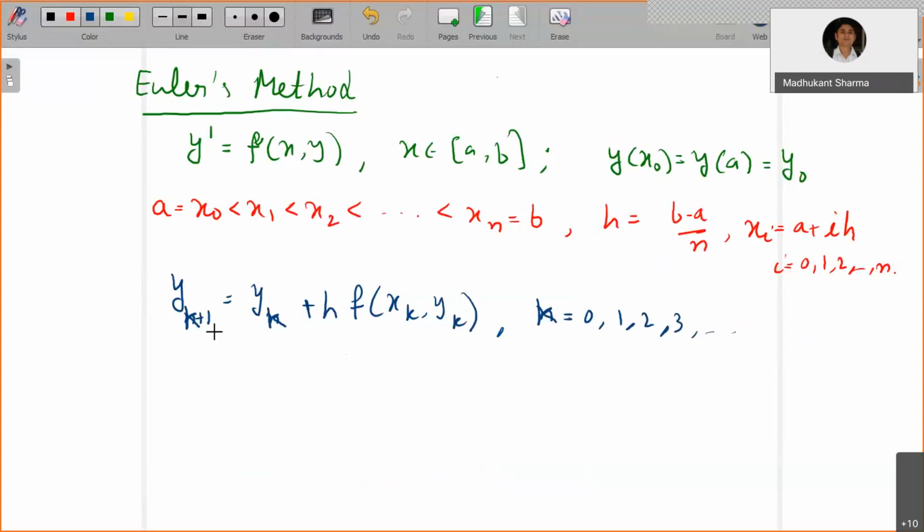So you can reach the value of y at B by choosing k equals n minus 1. If you choose n minus 1, plus 1 is n, and xn is B.